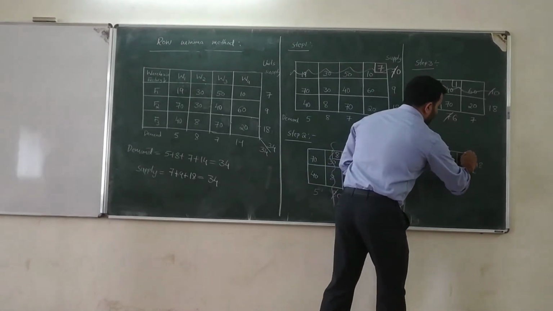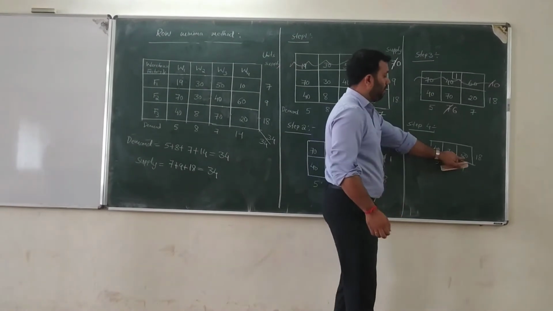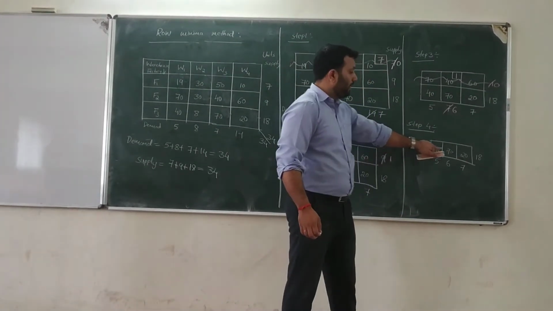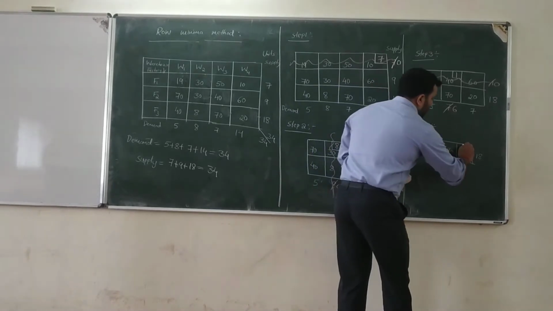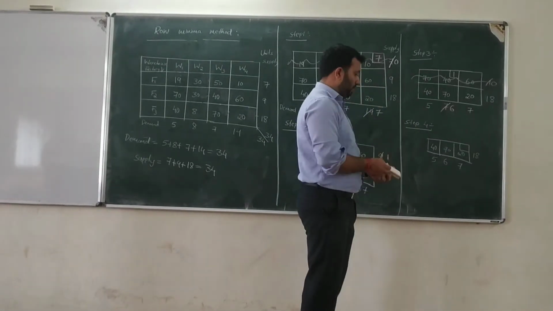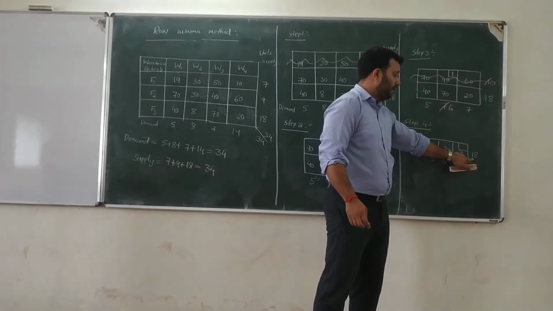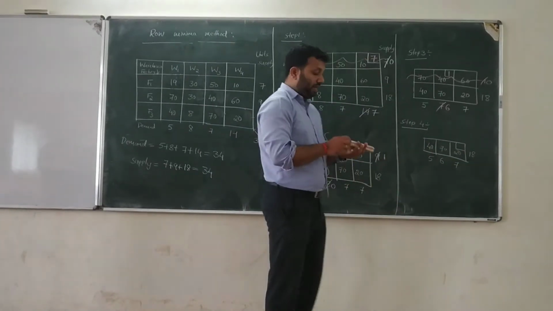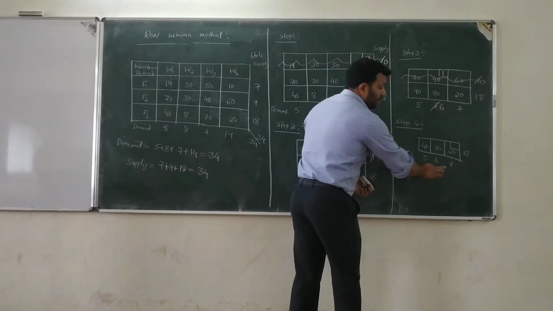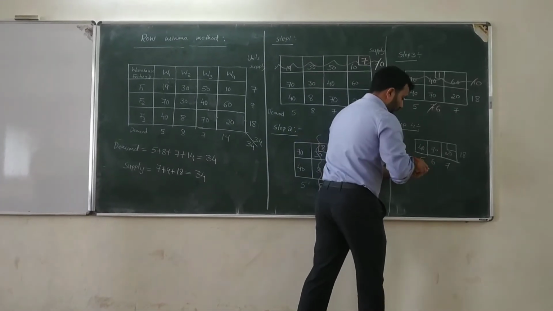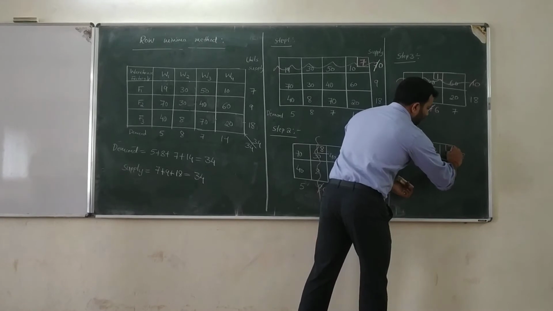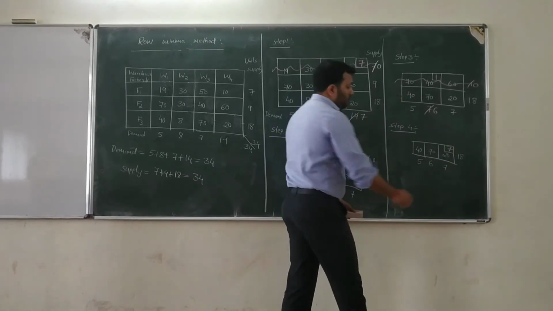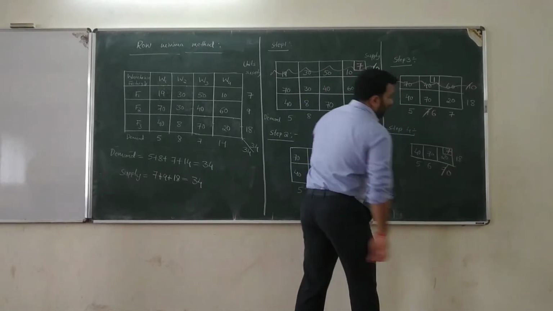The minimum value in this particular row is 20. I have the demand of 7 and supply of 18, so I can fulfill the complete demand of 7 units. That is why I am allocating 7 over here, so that this gets 0.